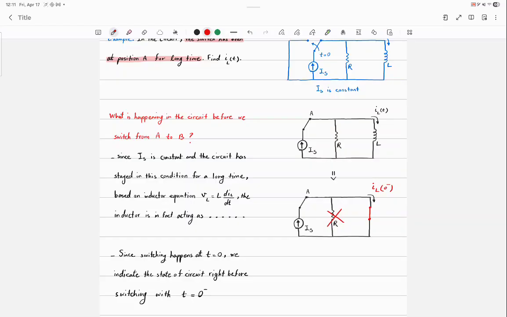So first let's read what is written here and then we will continue. So since IS is constant and the circuit has stayed in this condition for a long time, based on the inductor equation, the inductor is in fact acting as a short circuit. Okay?